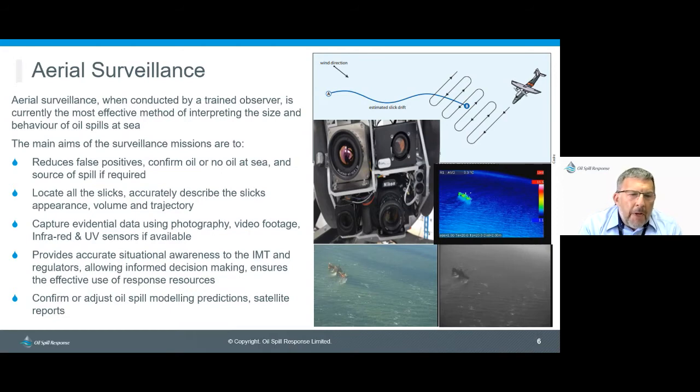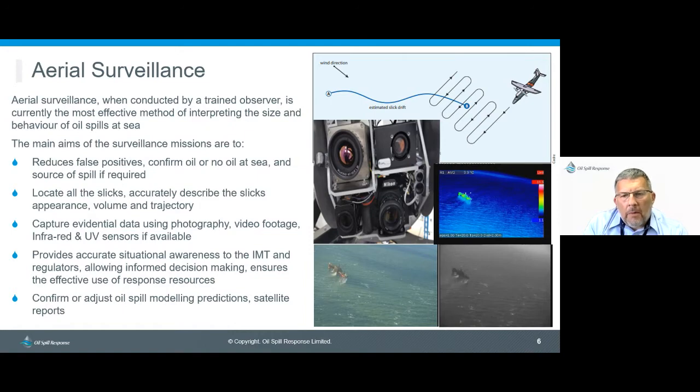As I said, that information provides accurate situational awareness to the IMT and also regulators, and that allows informed decision making and the effective use of response resources. On the right hand side here, you can see some of the images produced by OSRL's UKCS aircraft. You can see there's a turret with a wide range of sensors.